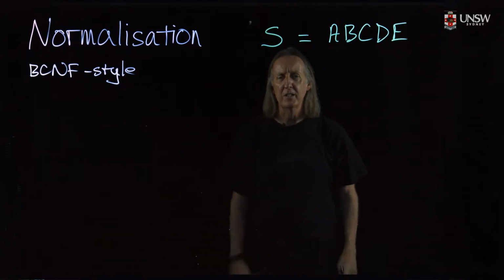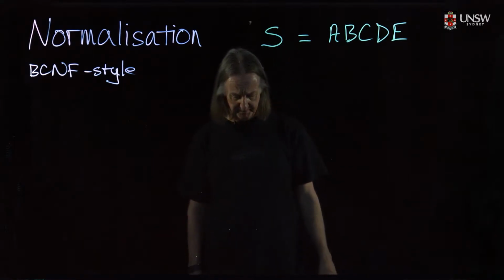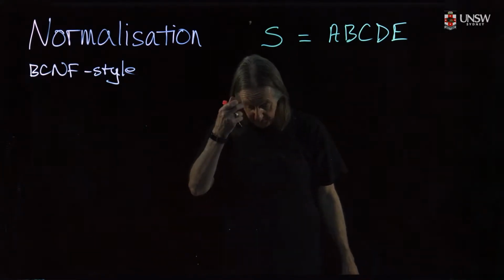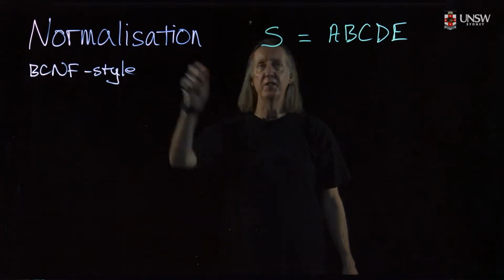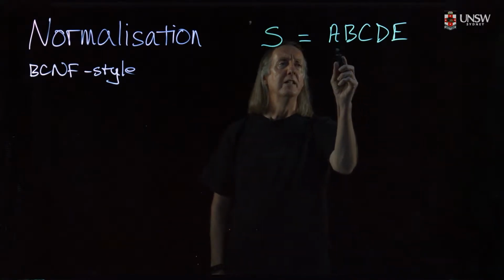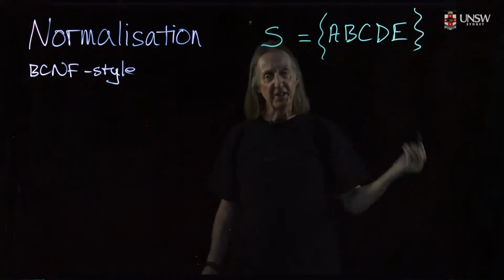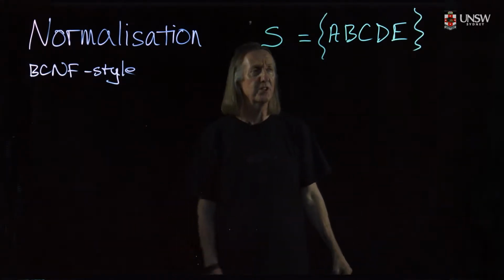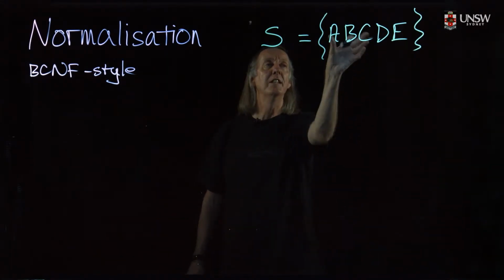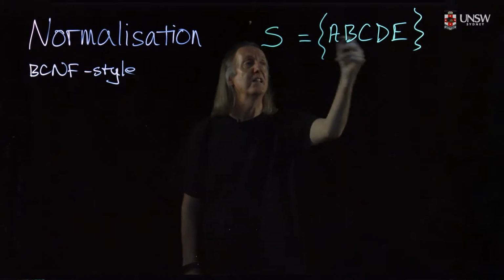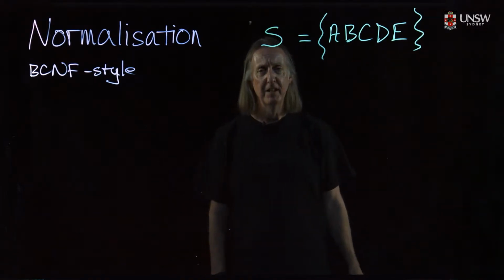So it's kind of like we got a single table. And what the normalisation is going to do, it's going to look at this, and let's imagine that we're talking about a set of tables, which is what a schema would be. There's our single table. Is that table in BCNF?